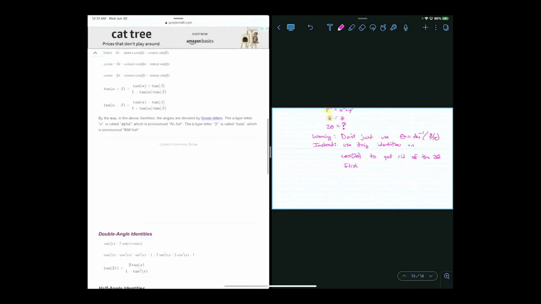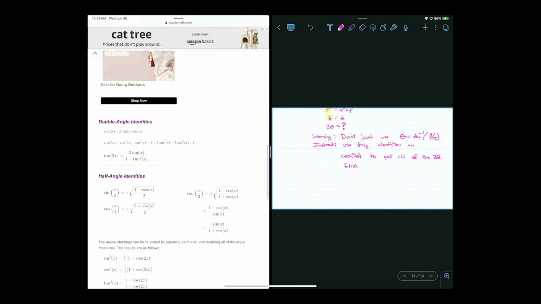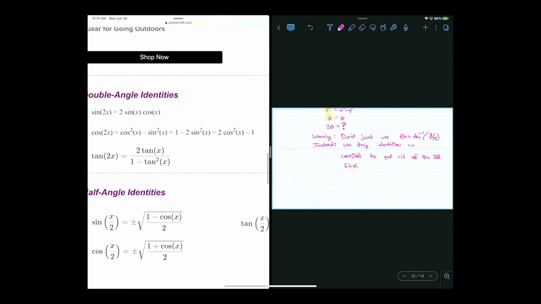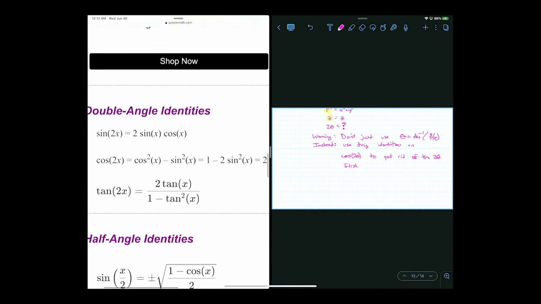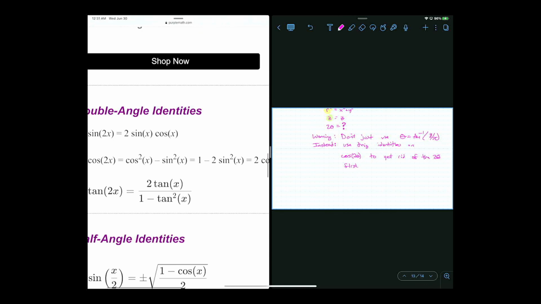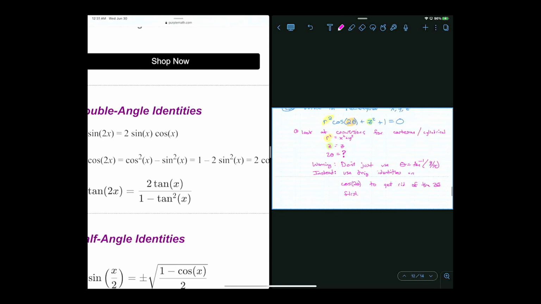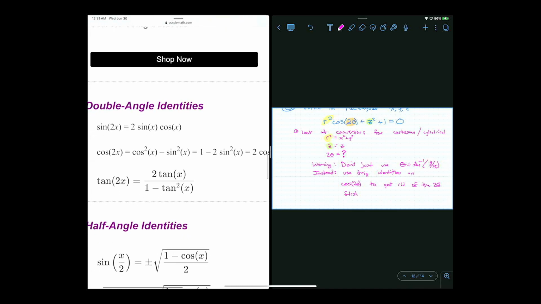Right? So we want cosine 2 theta. There we go. We could use any one of these that we want. It doesn't really matter which one we use.